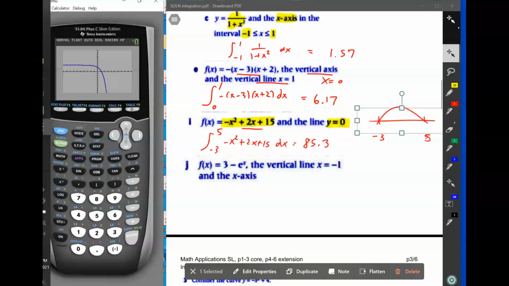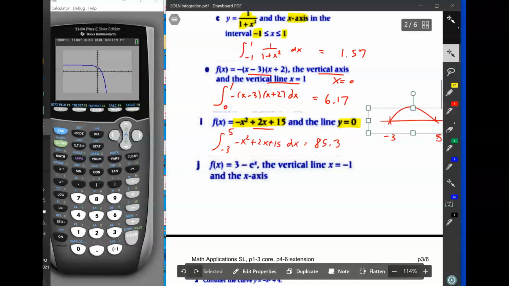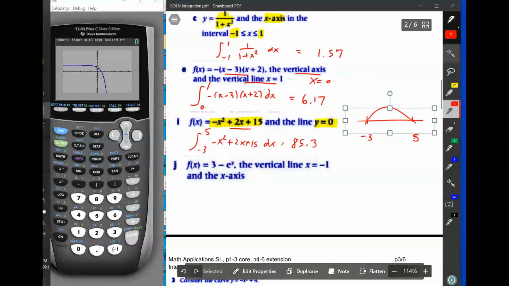Okay, so basically we are going to have the vertical line x equals -1 slightly to the left of the y-axis, and I'm going to just draw this curve here. So do you see how I've redrawn the curve here? X equals -1 would be this line here, right?